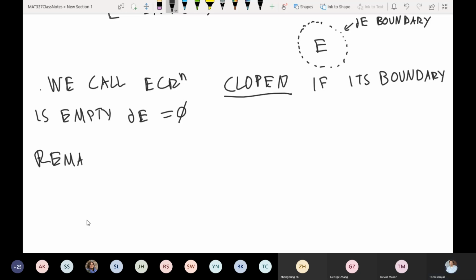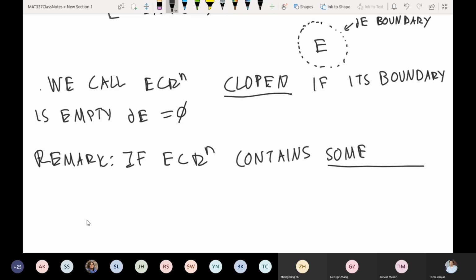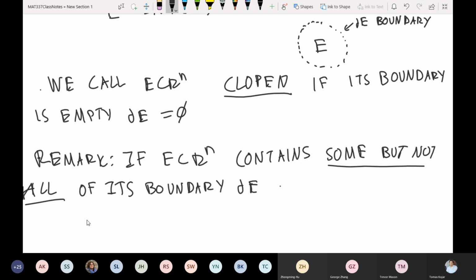Remark: if it contains only some of its boundary, but not all, then it is neither closed nor open.